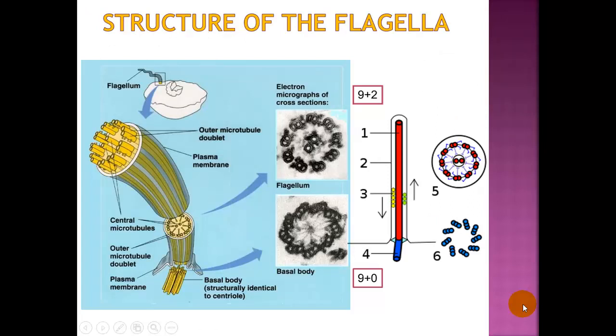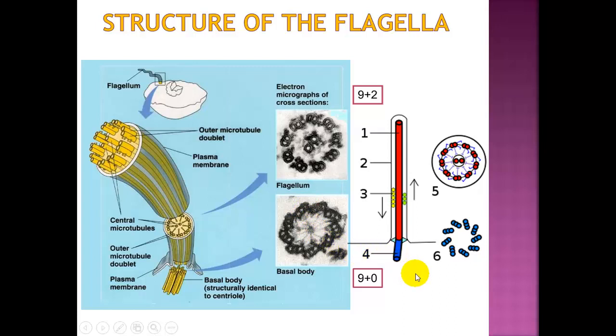Shown here are the details of the flagellar structure. An electron micrograph of the cross section of flagella at the levels of the shaft in red and the basal body in blue. At the level of the shaft, there are 9 pairs of microtubules surrounding 2 central microtubules, whereas at the level of the basal body there are 9 triplets of microtubules with none in the middle.